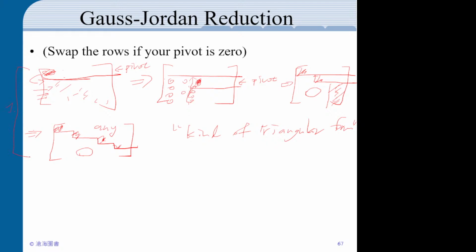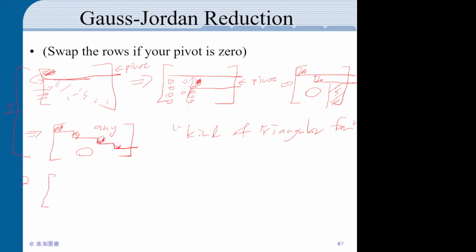Then the second step is easy. Second step, you are just trying to make those leading numbers, which we say are non-zero, all 1.